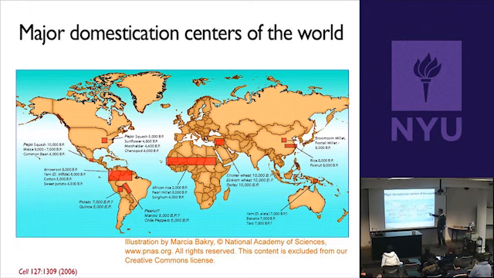So bananas are a very, very old domesticated species, 7,000 years before the present. Squash, beans, also in Mexico. I made this point the other day, but this is really interesting because these three species together basically give you complete protein.